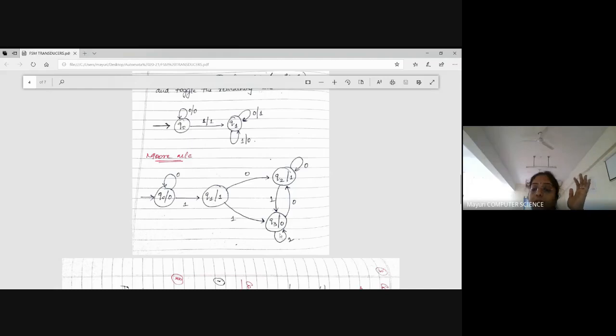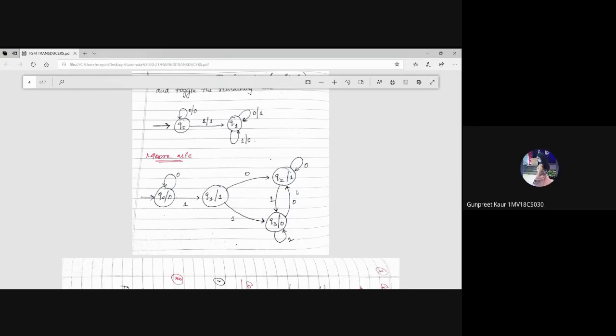And for Q3, because from Q1 on input 1 it has gone to a state Q3 whose output is 0, so for input 1, the output is 0. So Q3's output is 0. Which has to be its input now? 1. So it goes to state 1, and vice versa. Clear? Yes, ma'am.